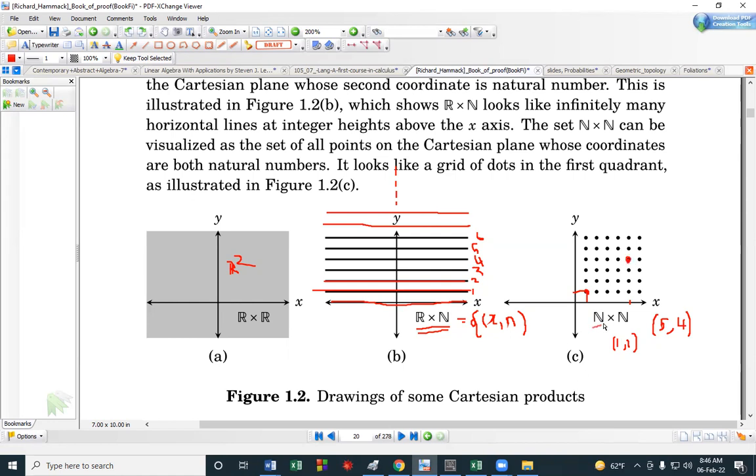Since in this natural number set you have only the positive whole numbers, you will get infinitely many of these lattice points.